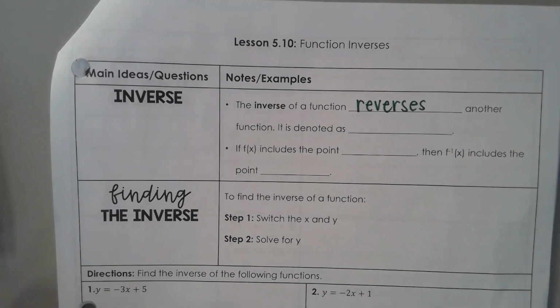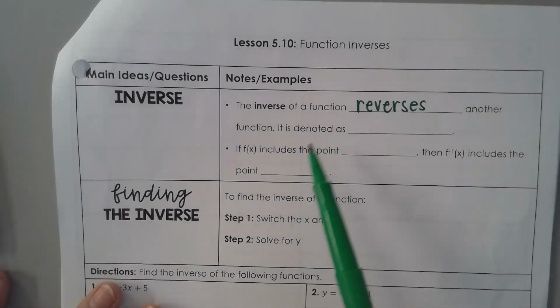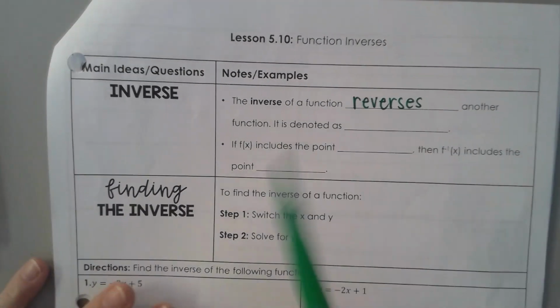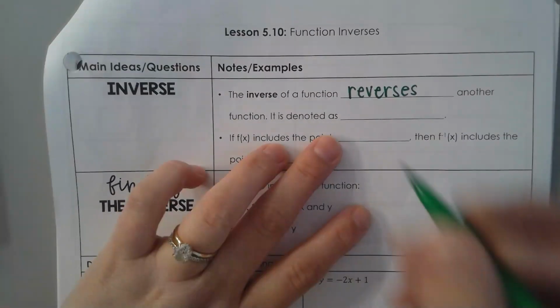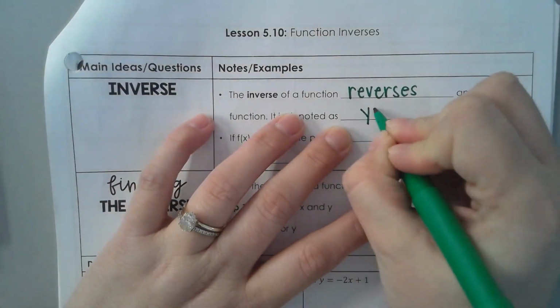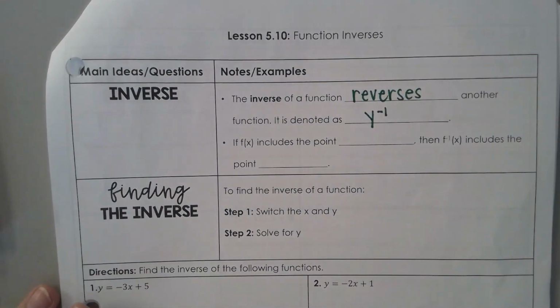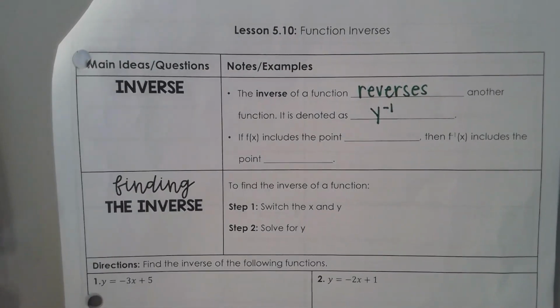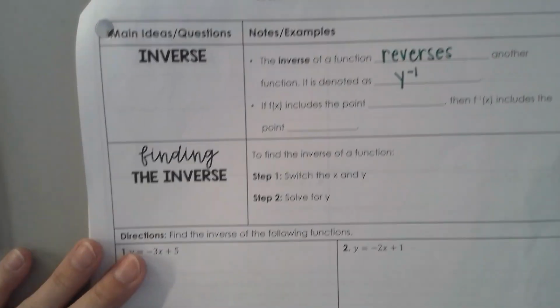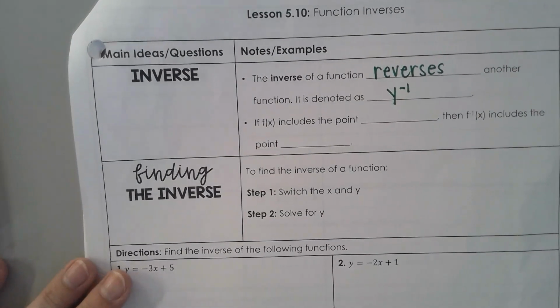Denoted means the way we write it in symbols. If I have the function y, the inverse is going to be y with a -1 exponent. That -1 exponent just always means inverse. We did that in matrices. When we talked about matrix inverses, we put a -1 exponent.